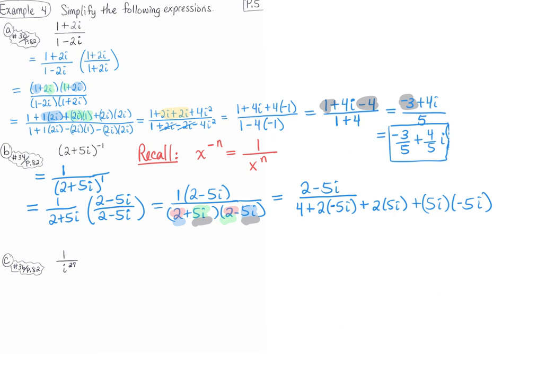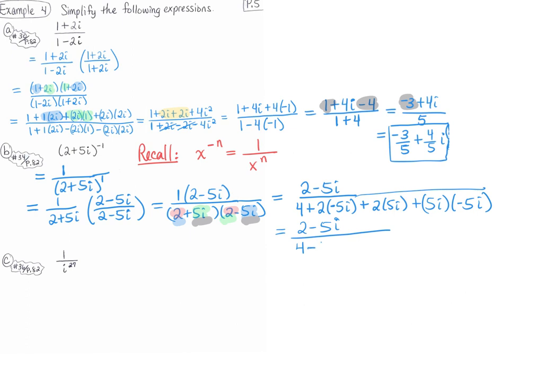I hear other people talking too, and that's good. Everybody can respond. I'm happy with that. So all of this is in our denominator, so let's make sure it looks like it's in our denominator. So this gives us 2 minus 5i divided by what? 4, go ahead. What is this?